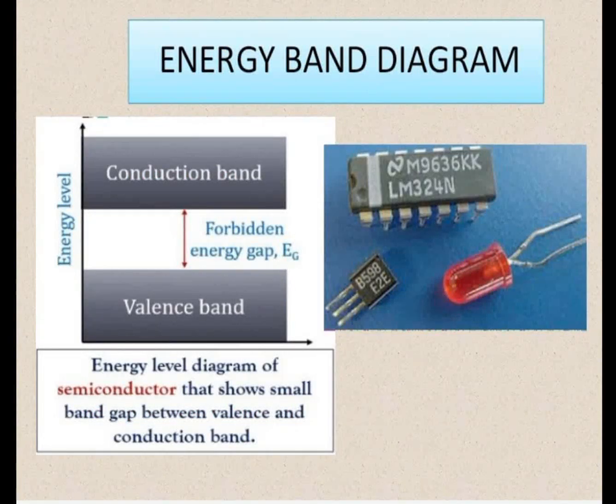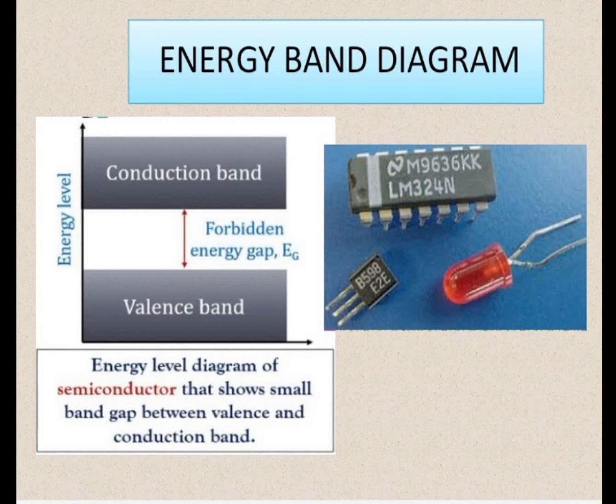The first diagram is the energy band diagram of a semiconductor. It contains a valence band and a conduction band as in the conductors, but it has a band gap between the valence band and the conduction band. This band gap is known as the forbidden energy gap. What is meant by band gap? A band gap is the distance between the valence band of the electrons and the conduction band.